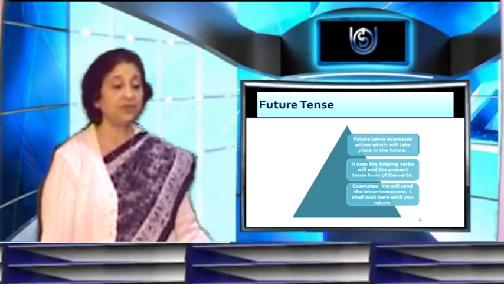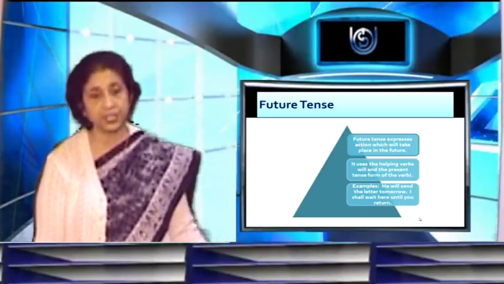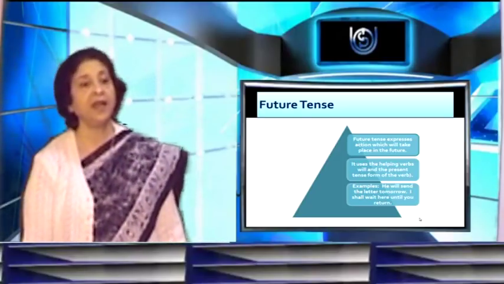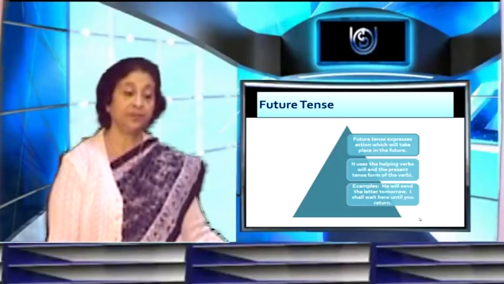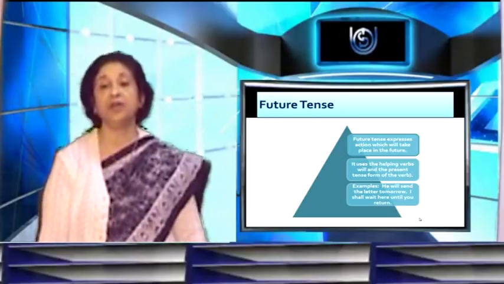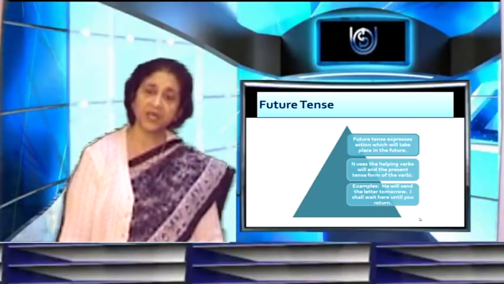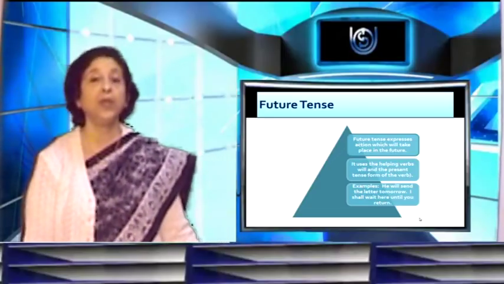The action which will take place in the near future is future tense. We use will and the first form of verb. In past tense you have seen the second form of verb is used. In present tense the first form of verb is used. But in future tense, the first form of verb with will.